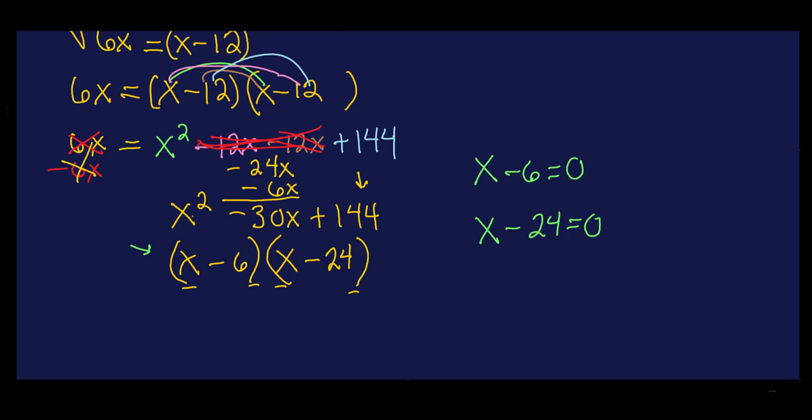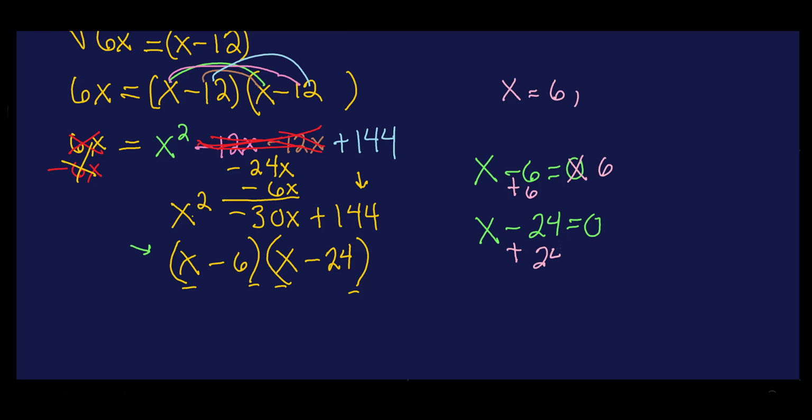So what you're going to do here is add 6 to this side to get x alone. So this is going to become 6. So we know that one of our points is going to be 6. So x equals 6. Okay. Now the next one is 24.